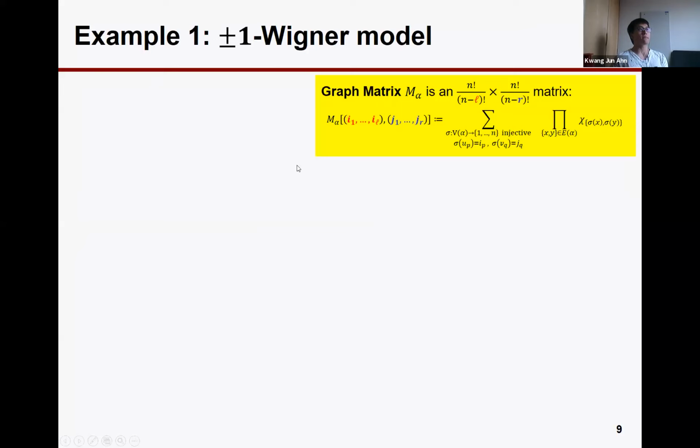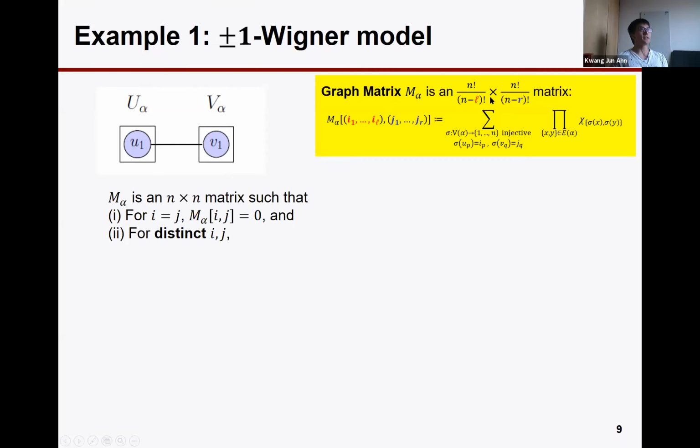The first example is the simplest one. Consider this very simple shape where there are two vertices U1, V1, and just one edge. Let's see what graph matrix corresponds to this shape. Because of the definition, it's now an n times n matrix, where for i equal to j, when the row index is equal to the column index, there's no way these two different variables can be mapped injectively to a single index.